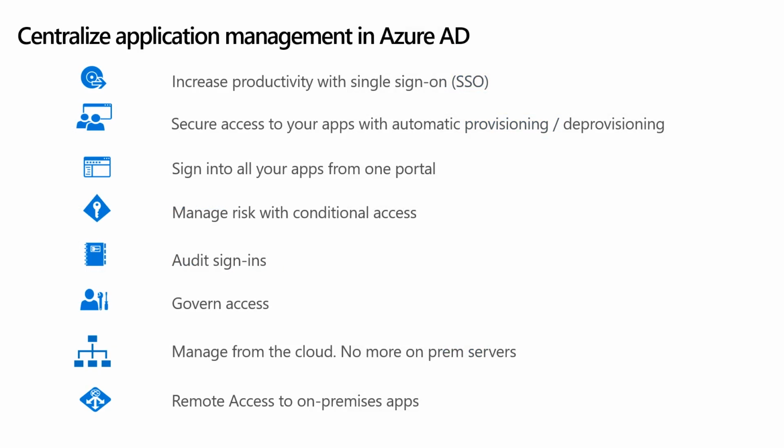When we talk about centralizing application management in Azure Active Directory, it's not just about single sign-on and user provisioning. Single sign-on has been known for years, and we have been doing this for many years, like with your on-premise infrastructure such as ADFS, but Azure Active Directory also supports that.